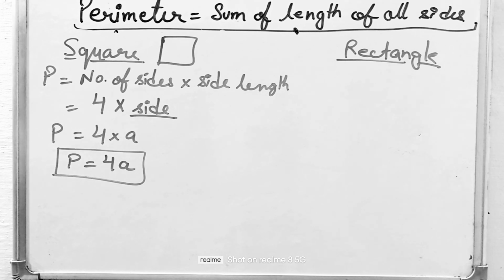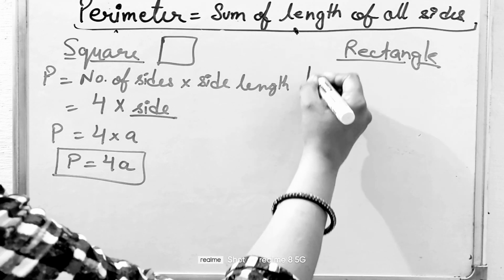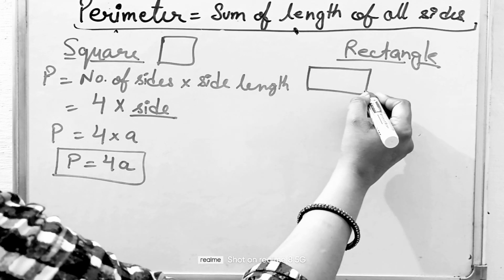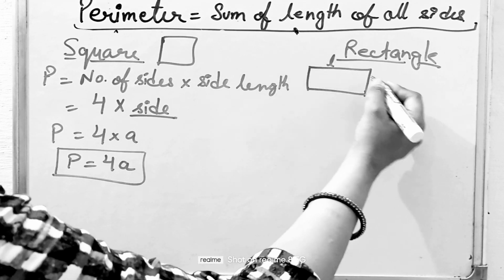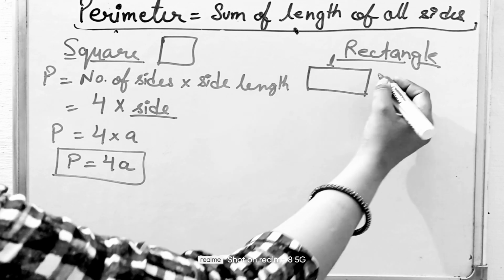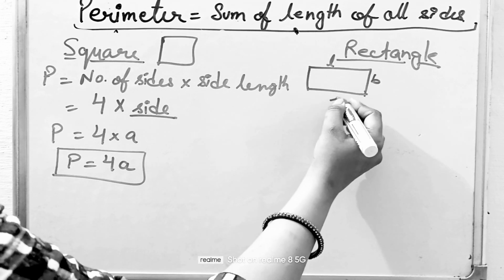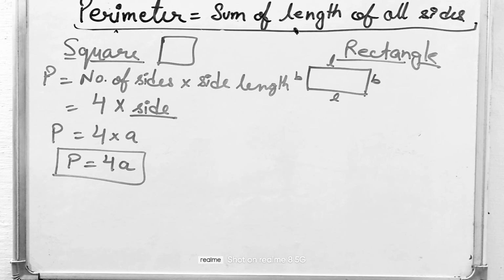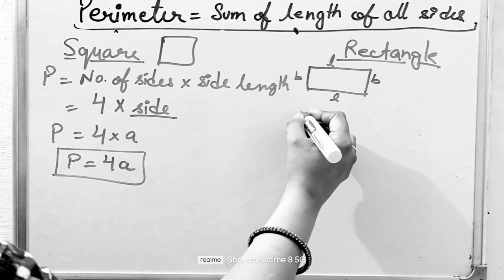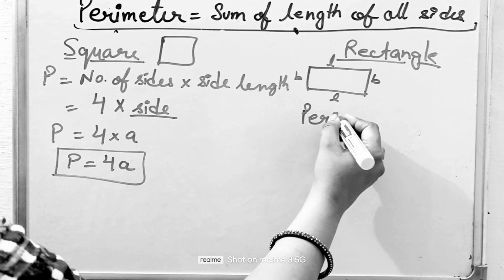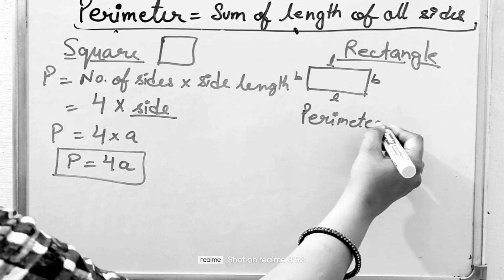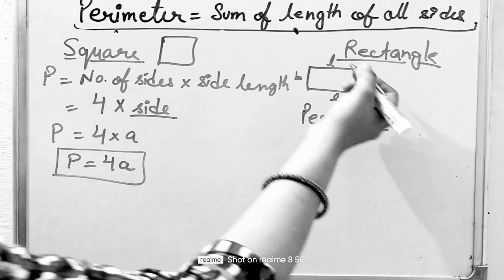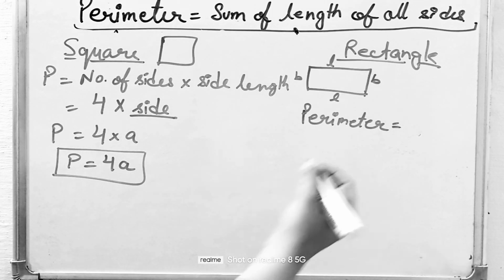Now comes the rectangle. We know rectangle is an irregular shape. There are two dimensions. One is length. I am denoting L for length and B for breadth. This is also length and this is also breadth. So if we need to find out the perimeter of a rectangle, then what will we do? We will add all the sides because this is our general formula for perimeter.